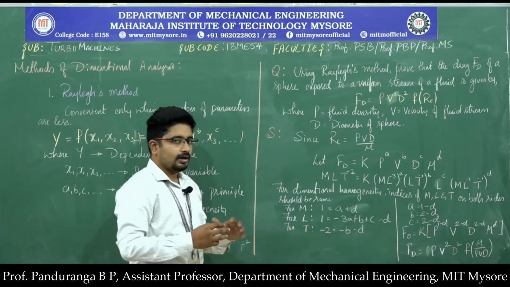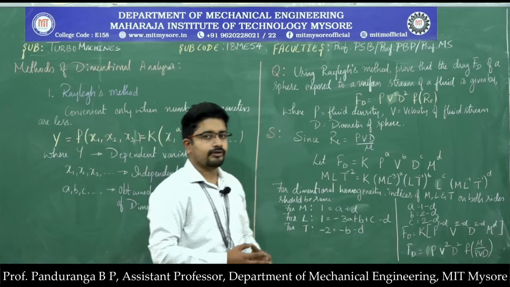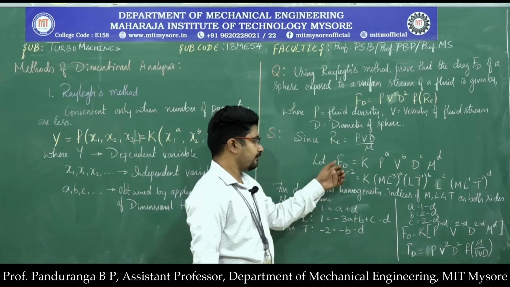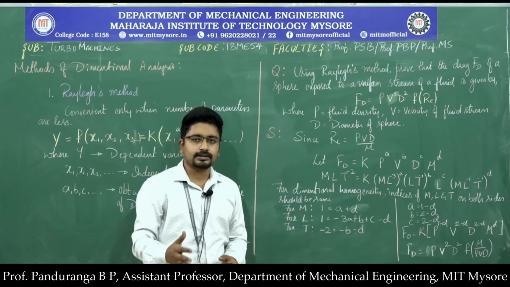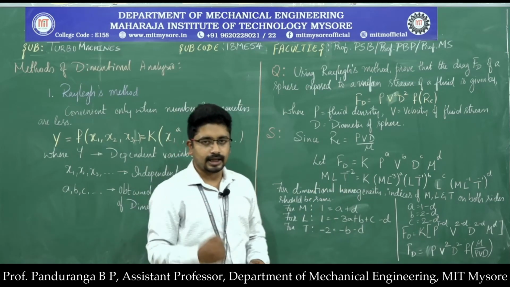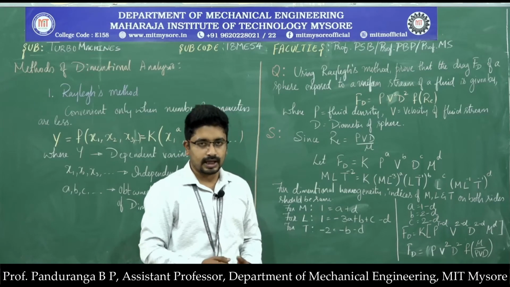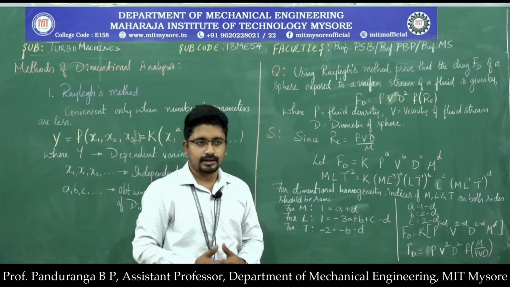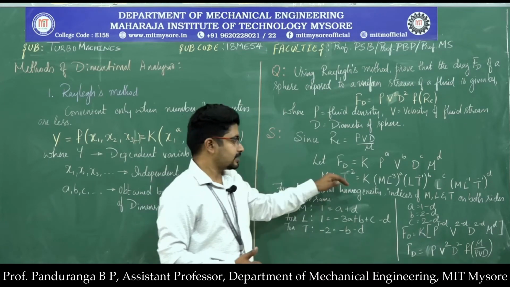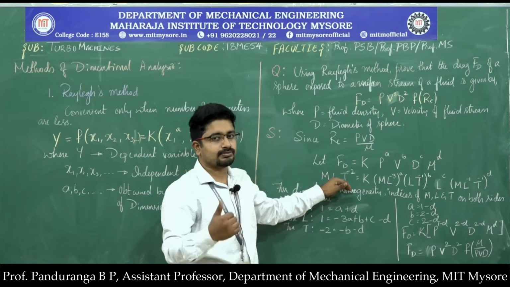Now I will write these in terms of fundamental dimensions. The force is given by mass into acceleration, and acceleration is change in velocity with respect to time. So mass into change in velocity divided by time. Velocity is again distance by time.